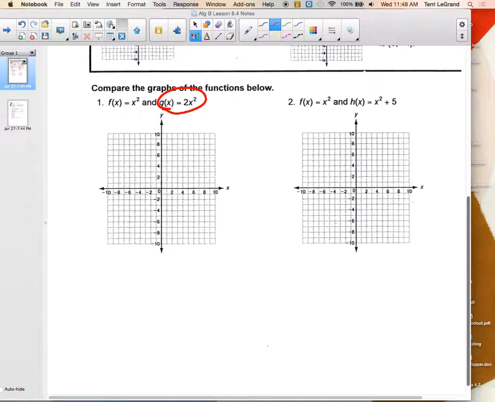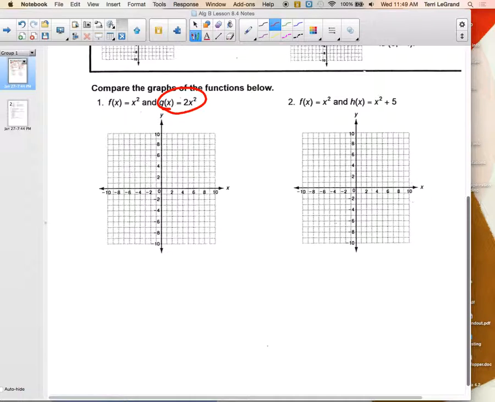Great. Now, instead of us having to do this by hand, which would take a lot of time, I want you to press zoom, and then the number 6, or you can arrow down to 6 and press enter. We're going to do a zoom 6, and it should graph it for you. Okay?